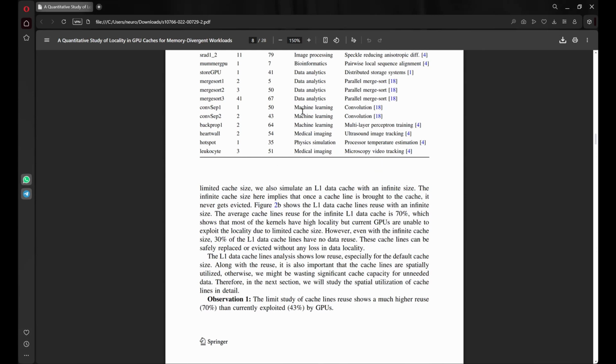I don't know. I've primarily worked with NVIDIA GPUs. I haven't worked with that many AMD GPUs, so I don't know. Well, for NVIDIA, does it feel like there isn't much focus on this sort of cache reuse? I don't think so, that's what I'd like to say, but I don't know.